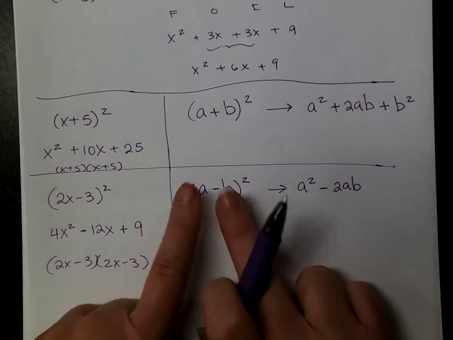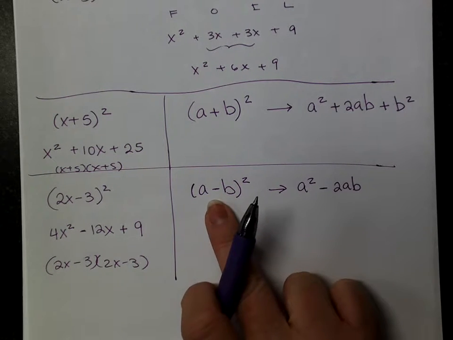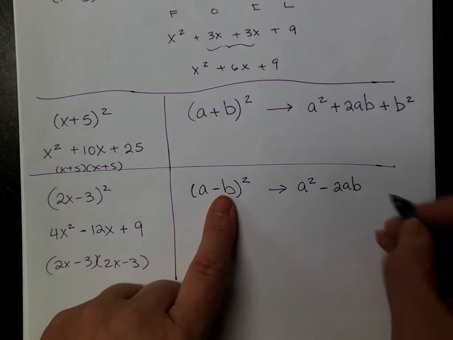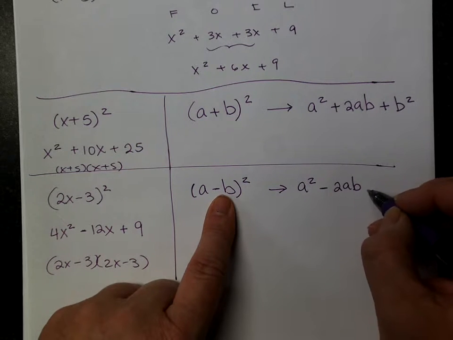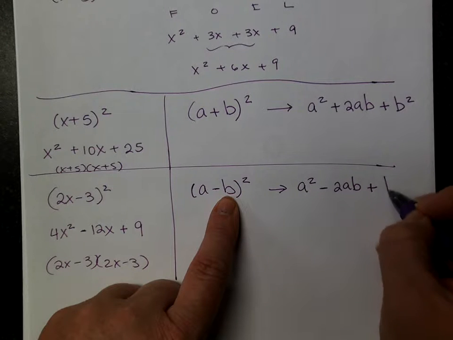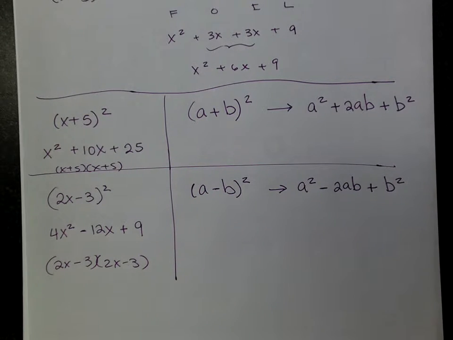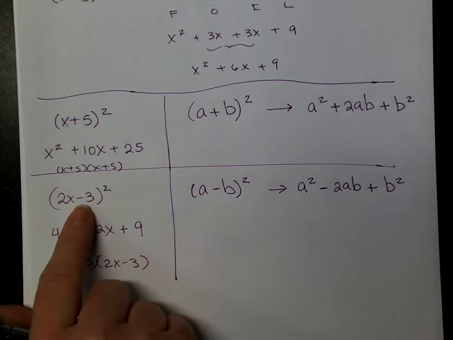So just multiply your a times your b and double it. And just make sure it's minus 2AB. Plus, remember, minus times minus, it's negative b times negative b, which is going to be b squared, but it has to be positive. Anytime you square a number, whether it's positive or negative, it is positive. And a binomial squared either has two pluses or two minuses.